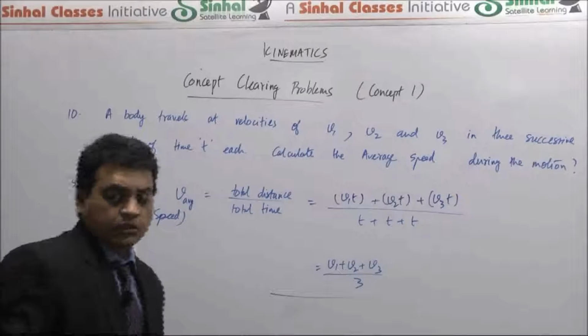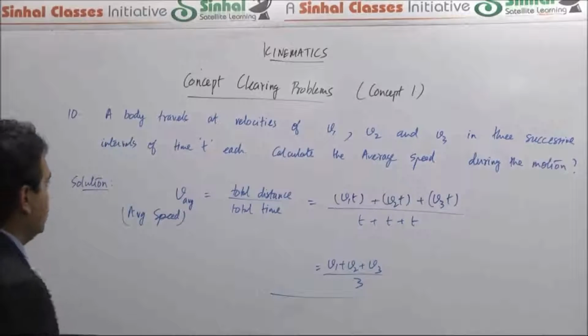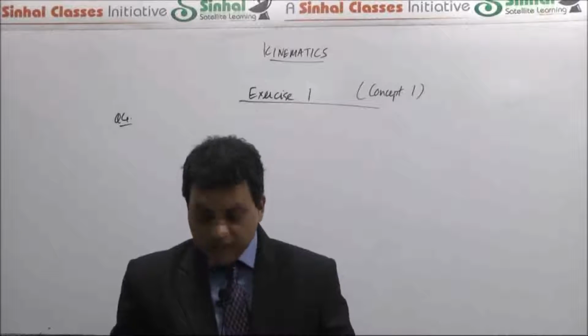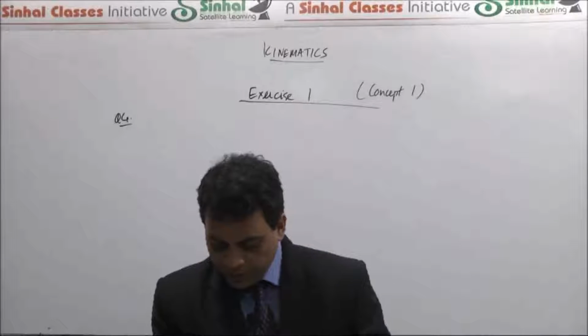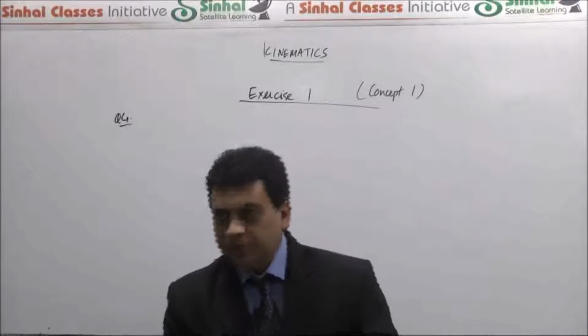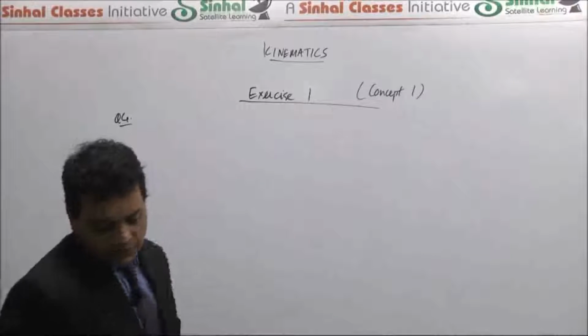Right, so let's also pick up a question or two from the exercises. So let's look at the 4th question of exercise 1. So it says that a body completes one round of a circle of radius r in 20 seconds. So we have to find the displacement after 45 seconds, right?